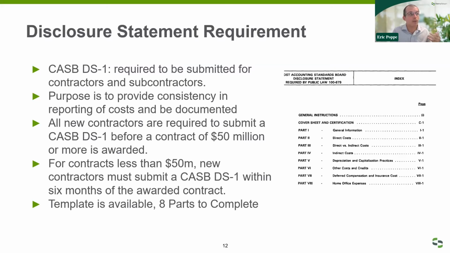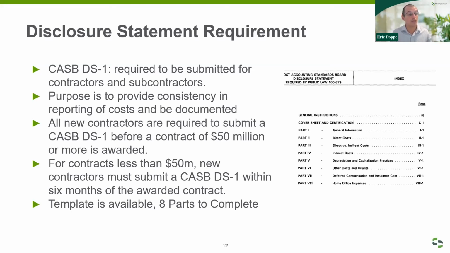It is a form that you're entering pretty much your cost accounting practices into. It's pretty much like a cost accounting manual or policy for the company, and you are documenting what those are. It's really to provide consistency in reporting costs across the board for the contractor.